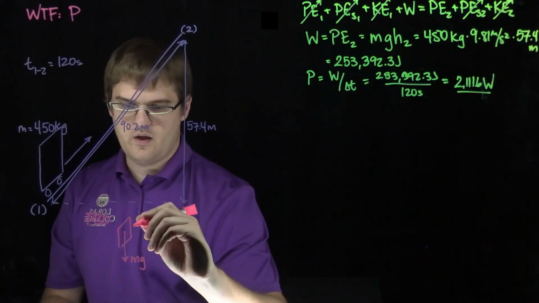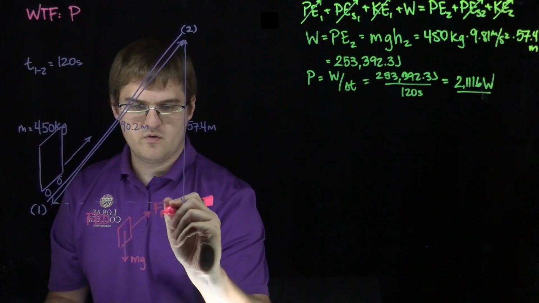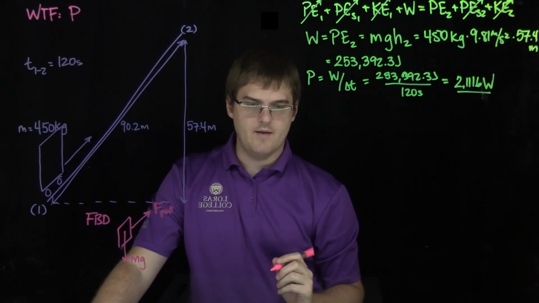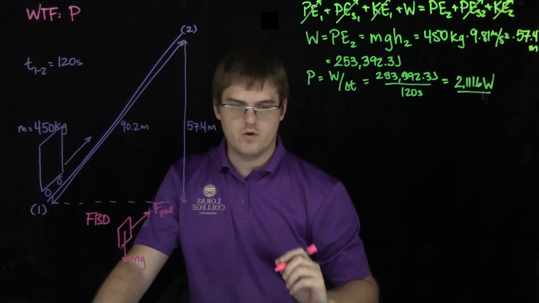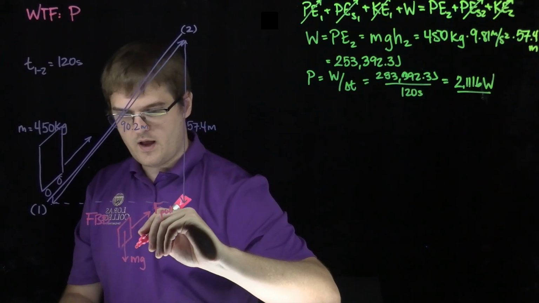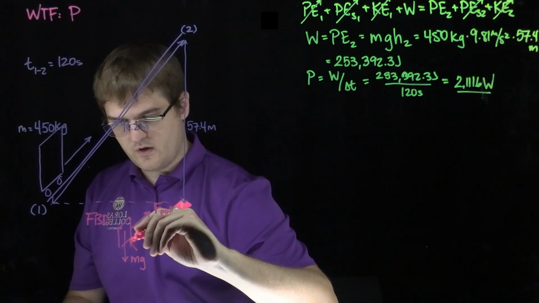I have a force pull up the hill. I have not been told of any friction. I'm ignoring friction. Friction would have been some extra work aspect there. And I have a normal force of the hill here.